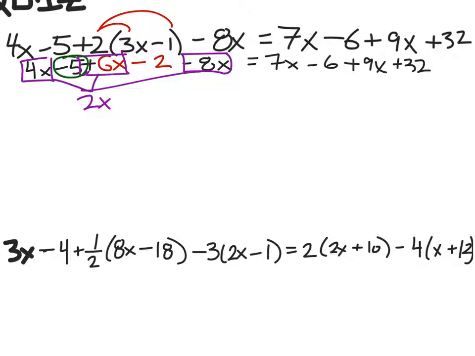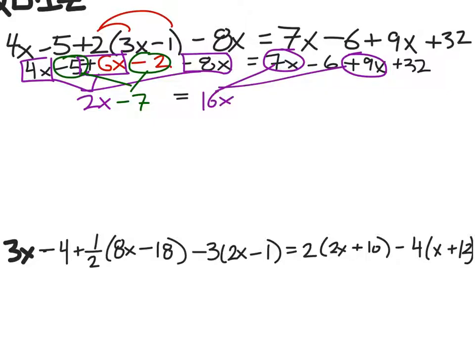Then I've got this negative 5 and this negative 2, which combine to be negative 7. Well, this equals, over here, I got this 7x and this 9x, which combine to be 16x. And then I've got this negative 6 and positive 32, which is positive 26.